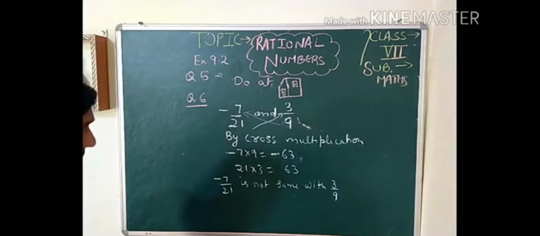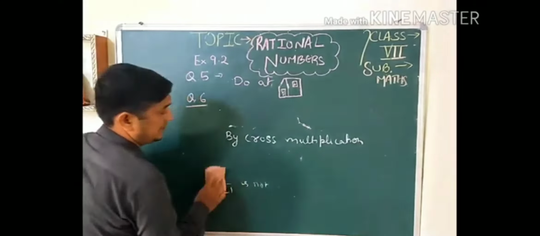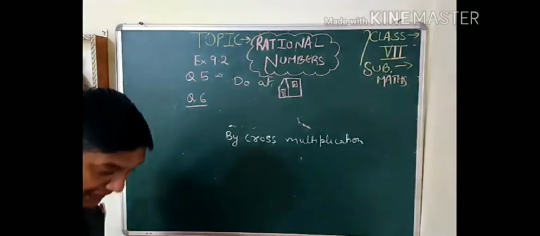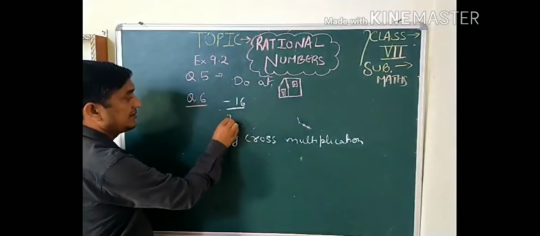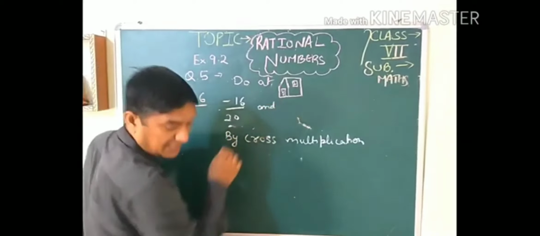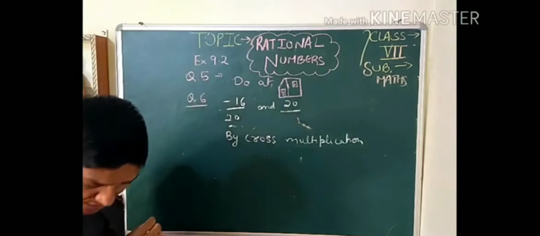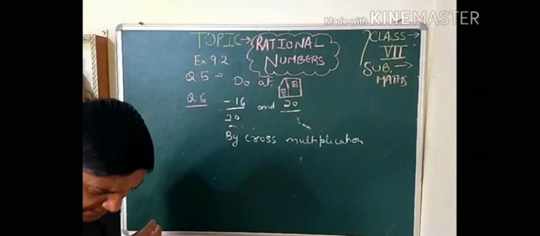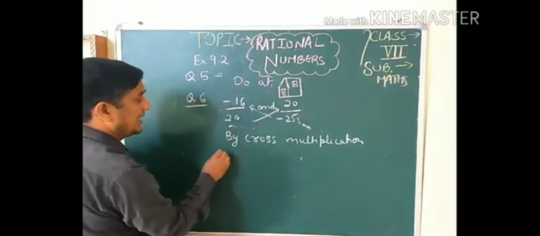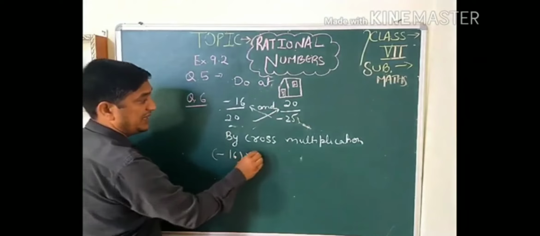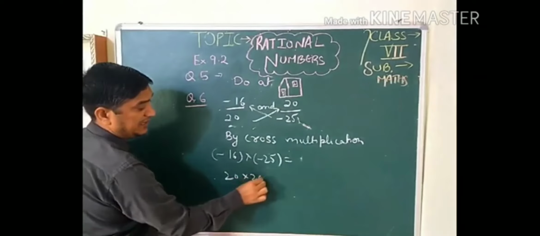Similarly, we can try the second part. The second part is what? Minus 16 upon 20 and minus 20 upon minus 25. Now cross multiply. Minus 16 multiplied by minus 25 and 20 multiplied by 20.